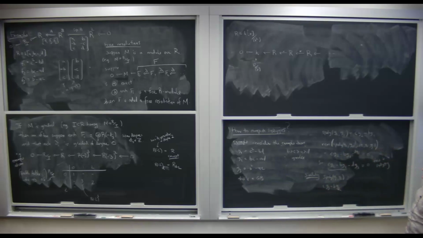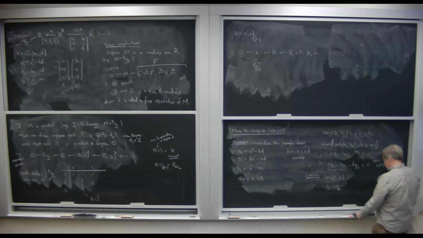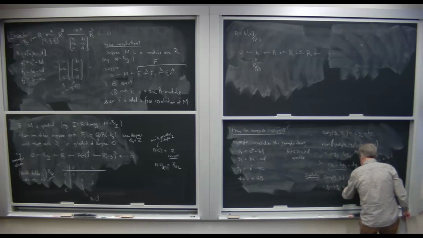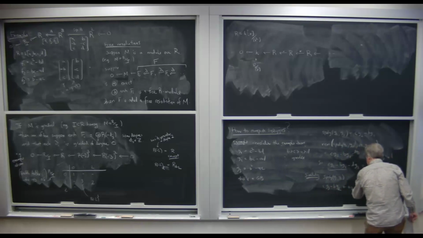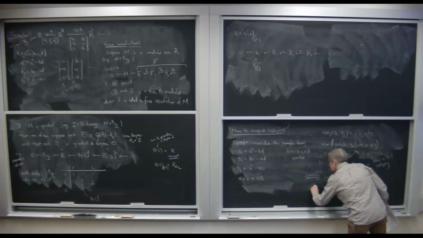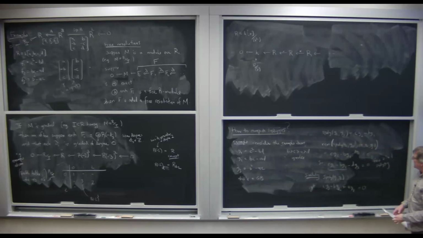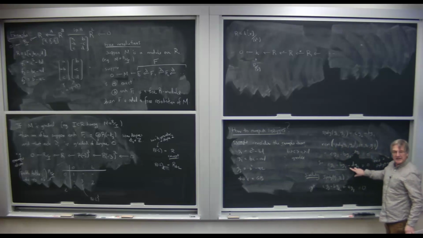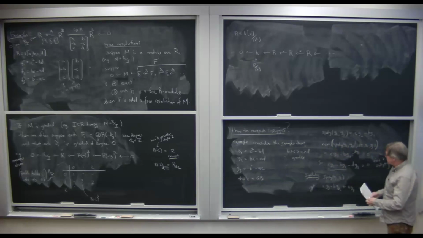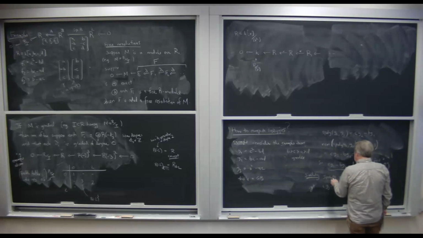And what is the last one? I think we have to add A times G1 and we get 0. Okay. So for every single S pair, we get a syzygy on these generators. But now take a look. This is the first element that we had here, and this is the first element we had here.